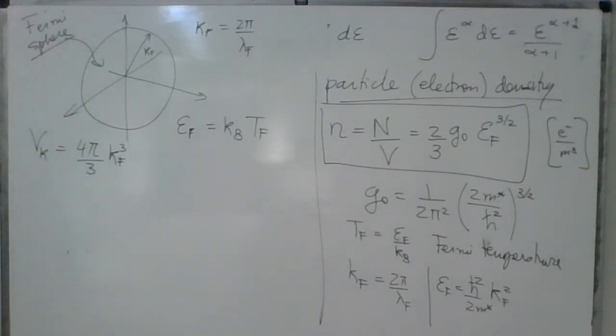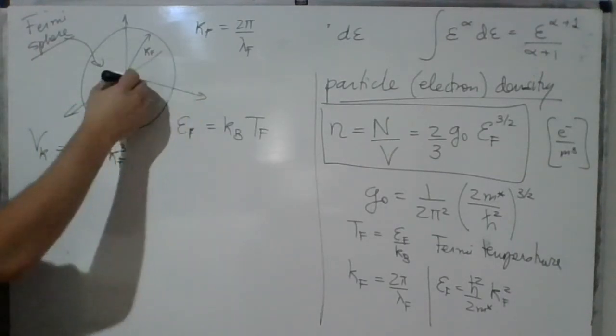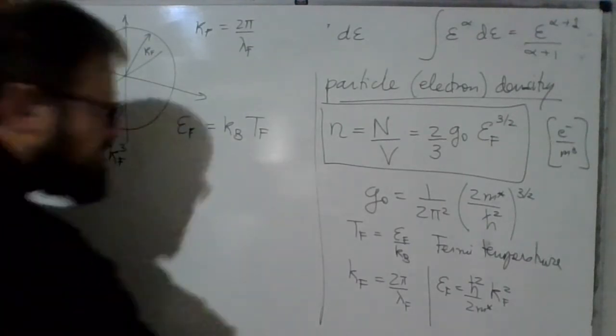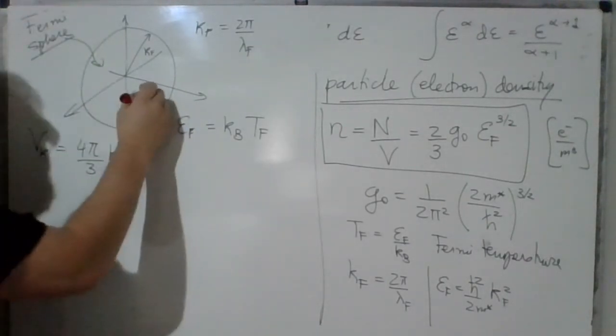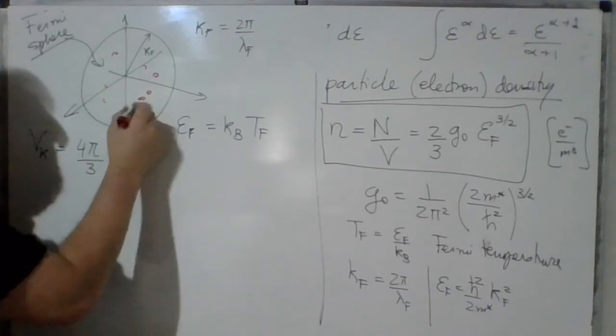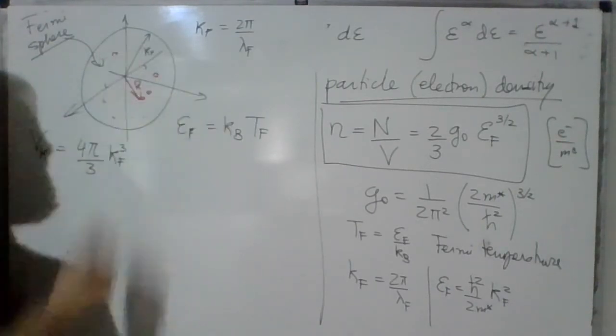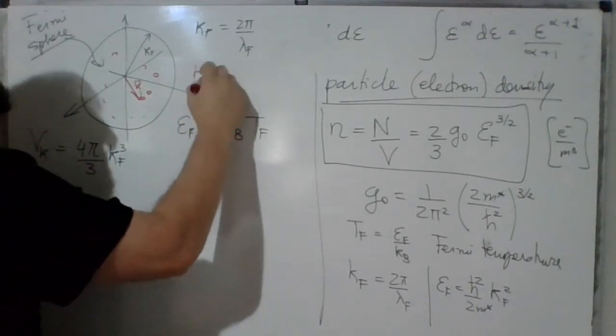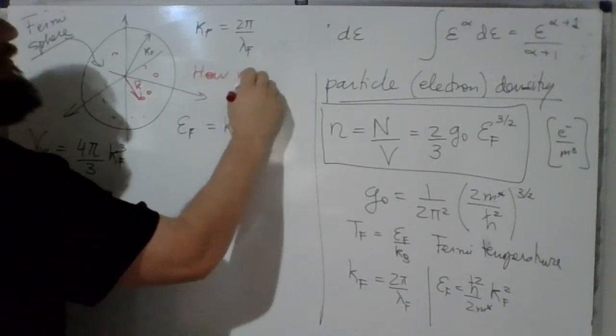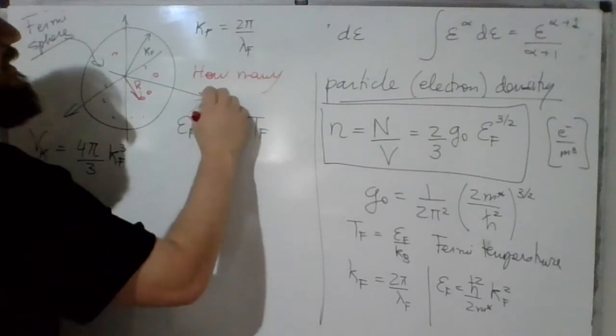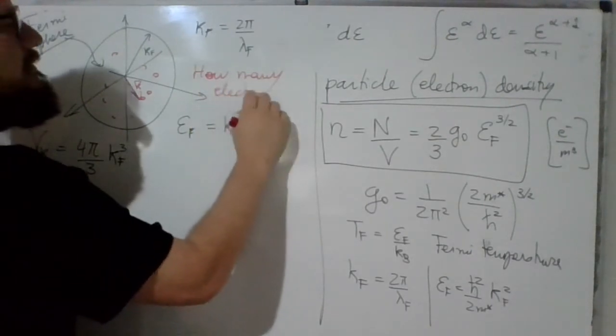Okay, so what is the number of particles we can put inside the Fermi sphere? How many particles are there here? Because each particle can occupy only 1 K inside the Fermi sphere. So how many electrons in this case?